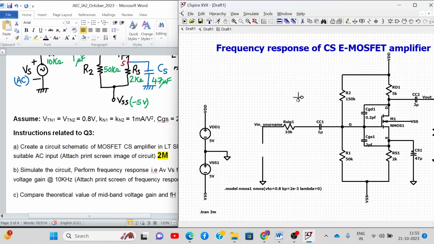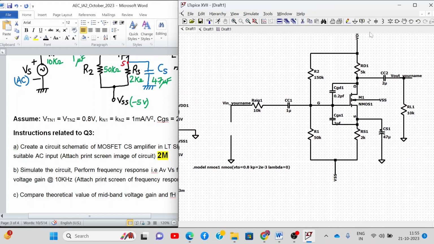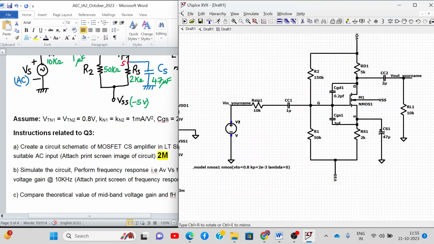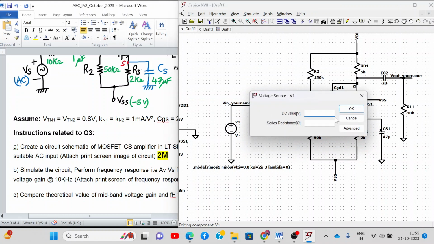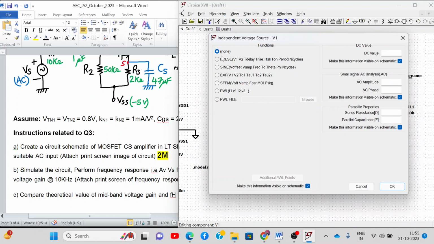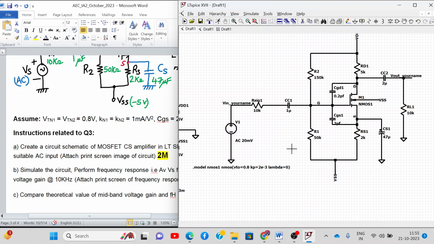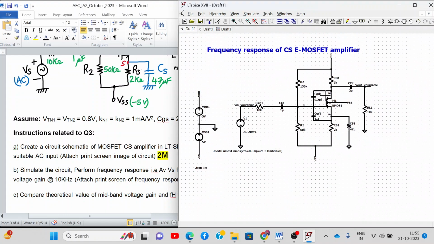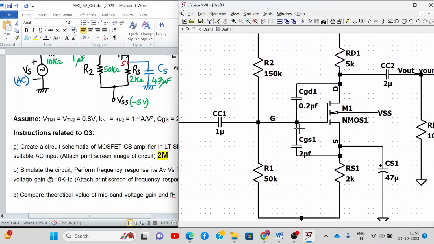This is not allowed. So I'll help you out in this. What you need to allow. Here you select the voltage, apply it over here. If you want to change the frequency, right click on this AC. Select AC amplitude as 20 millivolt. Okay, this will make the AC amplitude as 20 millivolt. That is fine. Now this CGD and CGS you have to connect it like this externally.